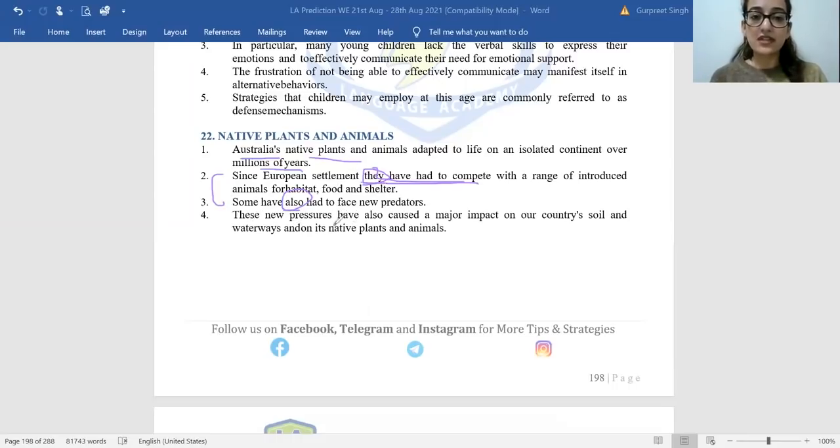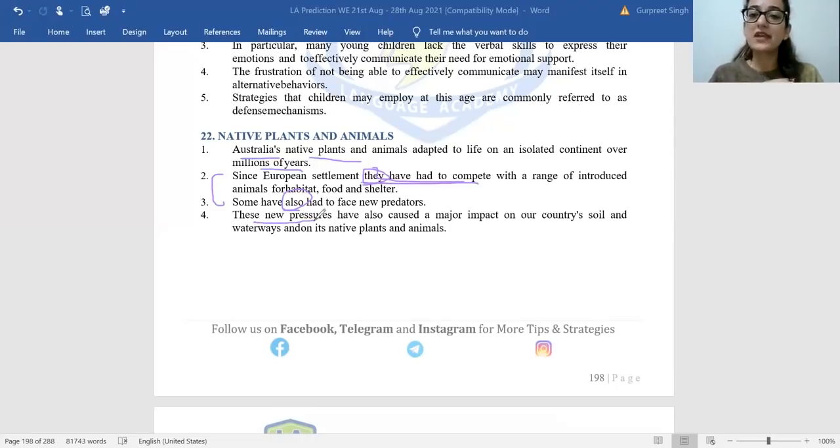These new pressures will come at the end because both of the previous sentences had the same concept. This is a problem, this is also a problem. So you should not put anything in between, like giving a solution. When you have one more sentence talking about problems, you should first finish both of them.